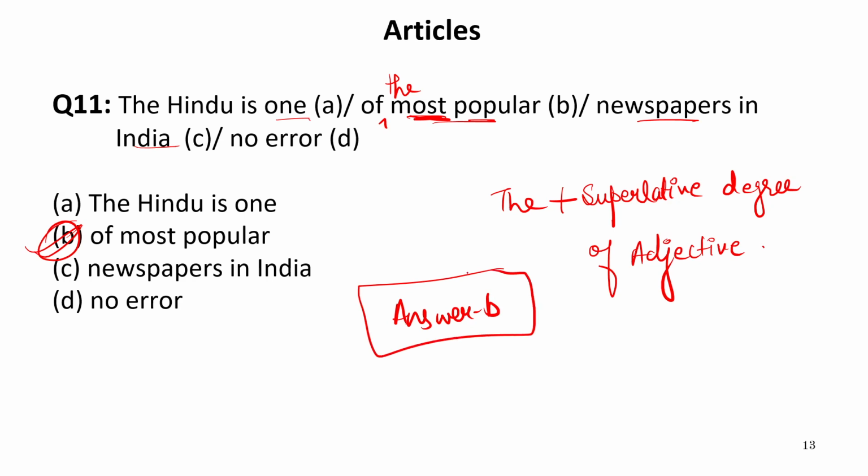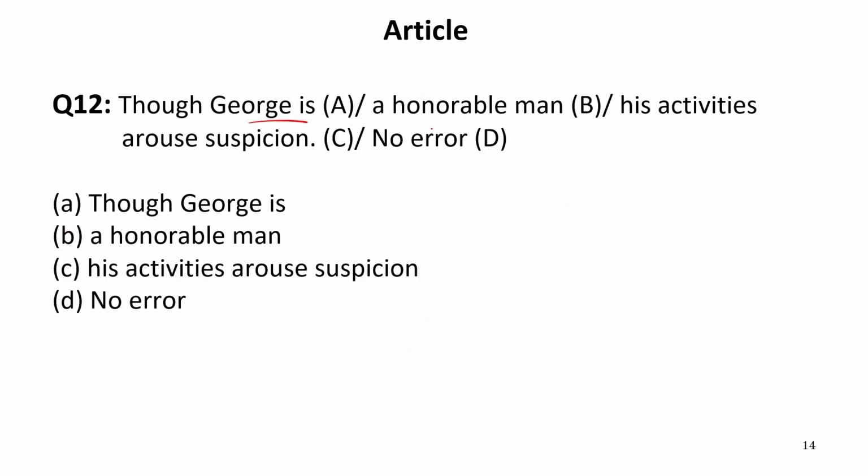Now let us move to the next one. Though George is an honorable man, his activities arouse suspicion. Now this word is pronounced as "onorable". Here H is silent.